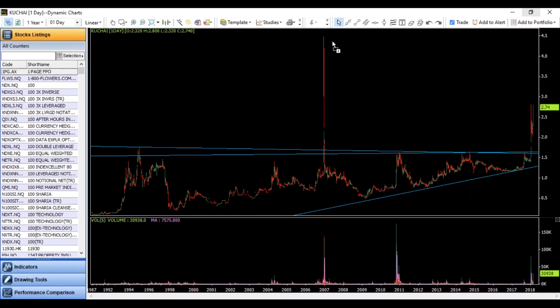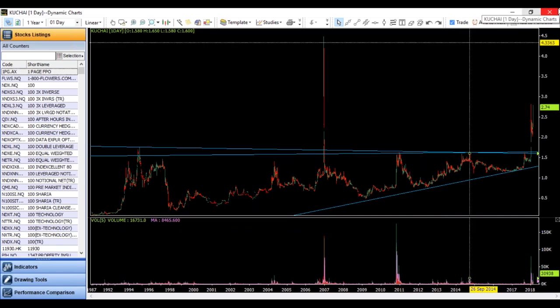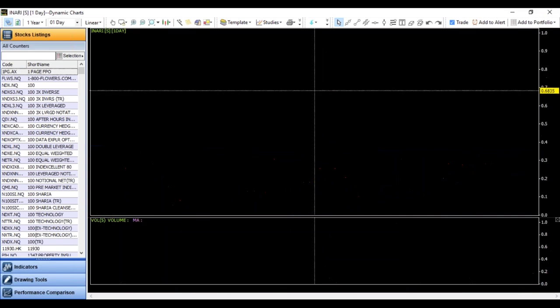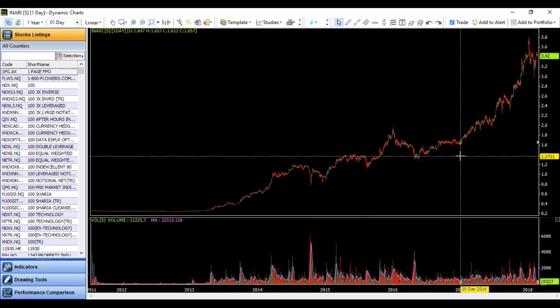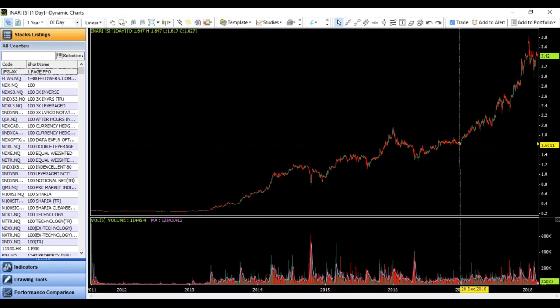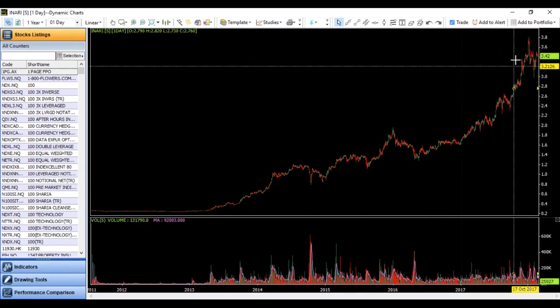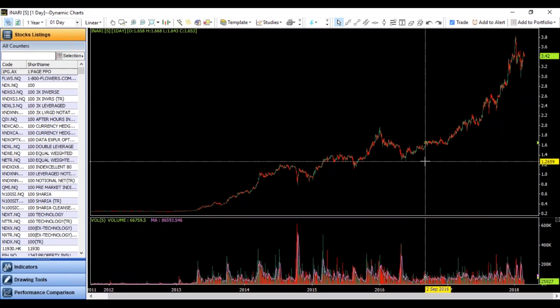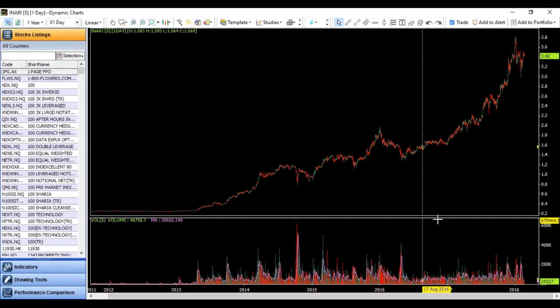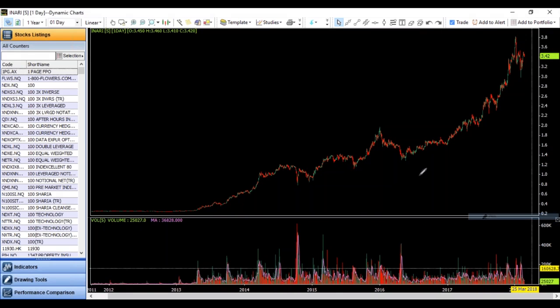So the next sector which has been doing well consistently, specifically when we're talking about 2017, 2016, is actually technology, and technology as a sector has performed well because a few of the stocks that carry a very good weight in this particular sector, based on their market capitalization, are doing good.